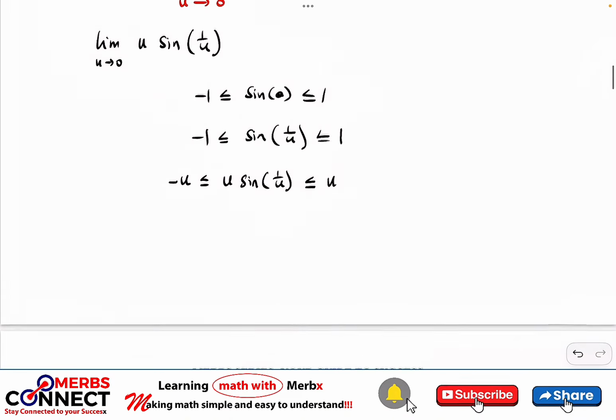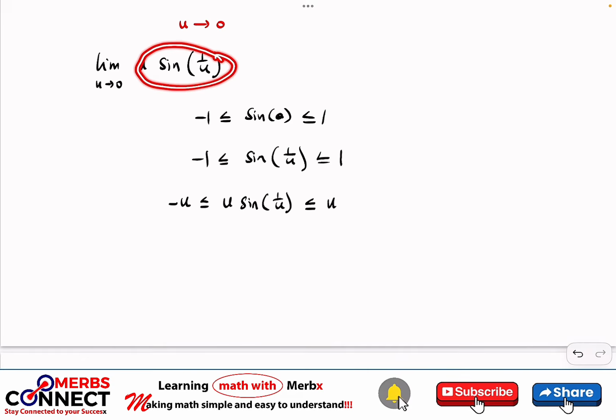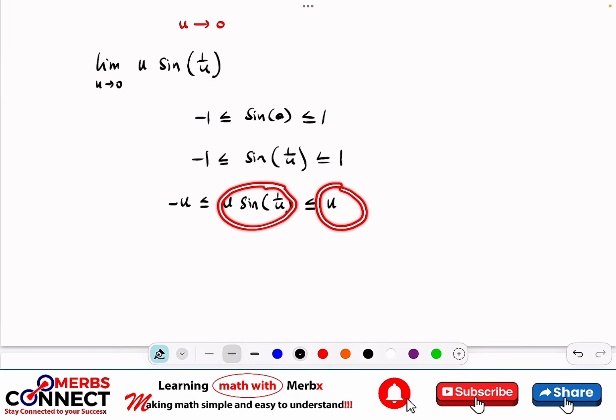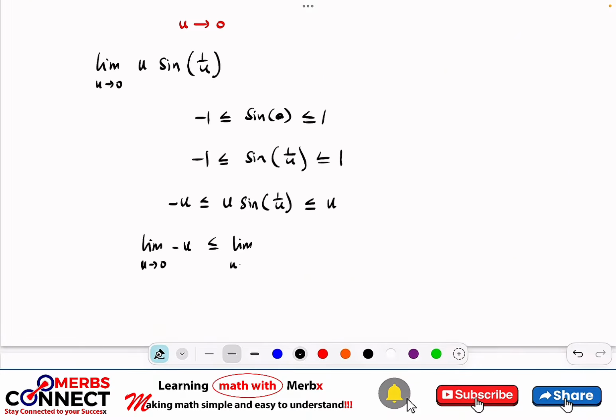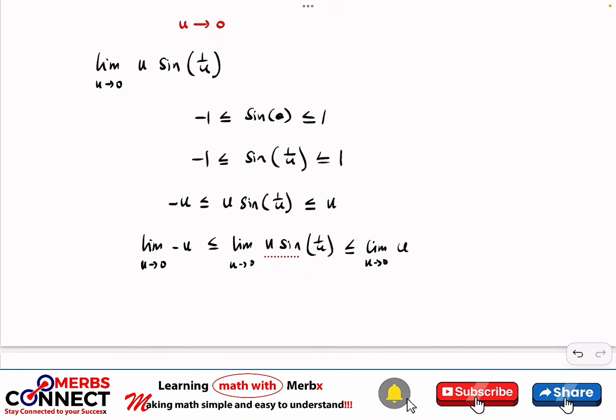Now that we have this in the middle, you see that this is attached with a limit. So we need to attach this one with a limit, this one also with a limit, and this one too. So we are going to have the limit as u approaches 0 of minus u, less than or equal to the limit as u approaches 0 of u sine of 1 over u, less than or equal to the limit as u approaches 0 of u. Now we have the whole of this here, right?